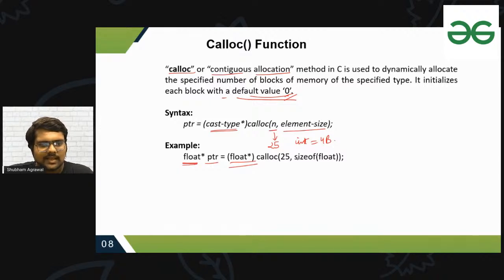In this calloc function, we are specifying 25 here, and the size of float is 4 bytes. So 25 into 4, that is 100 bytes of memory will be allocated.